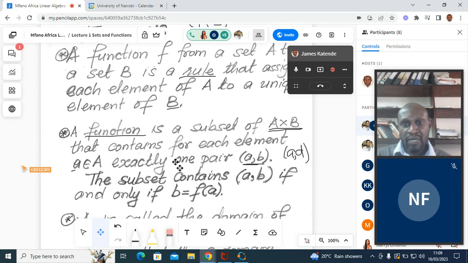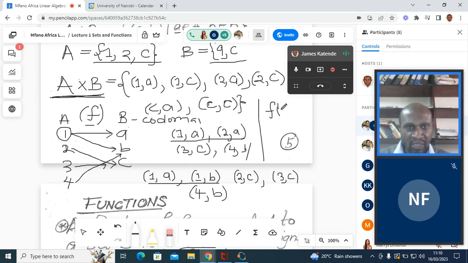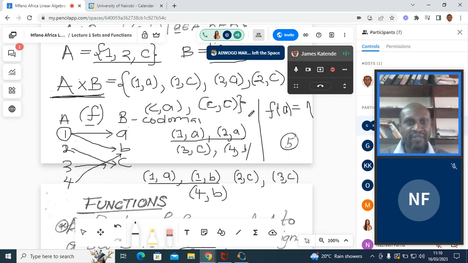So this one is just notation. If we call the function f, since 1 is sent to A, we can denote that as follows. We can write it as f of A. Oh, sorry, that is not correct.